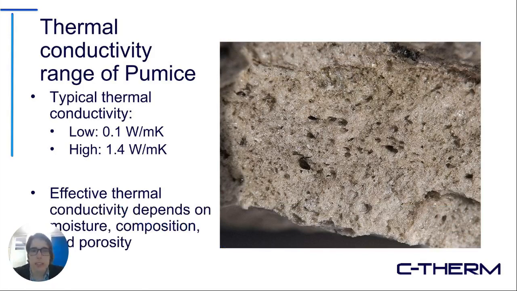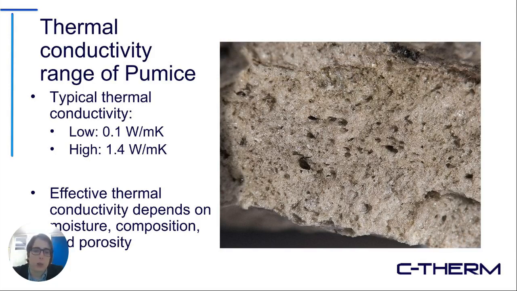So we'll highlight a few materials that this method would be very appropriate for and their typical thermal conductivity ranges. Pumice, for example, on the low end, I've seen reports for some highly porous pumices as low as 0.1 watt per meter Kelvin. And on the high end, I've seen as high as 1.4 watt per meter Kelvin. So that's over a full order of magnitude in terms of the thermal conductivity range of this kind of geological material.